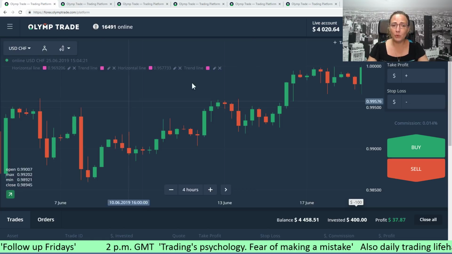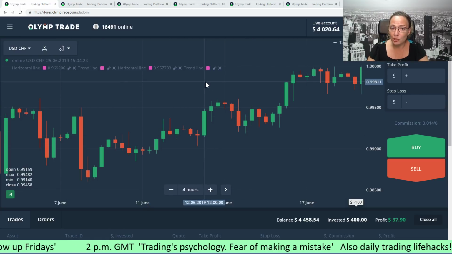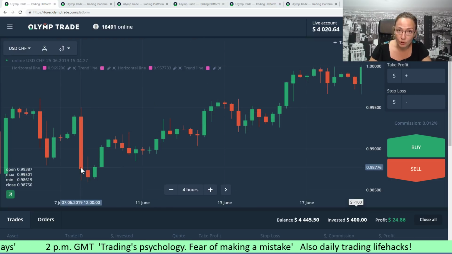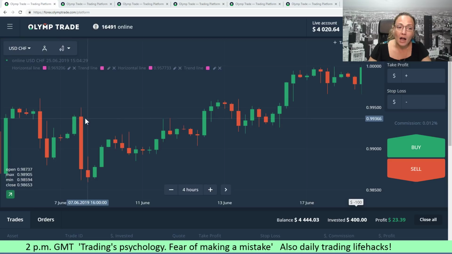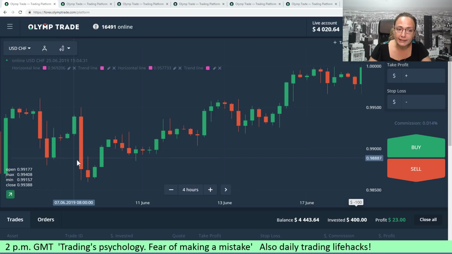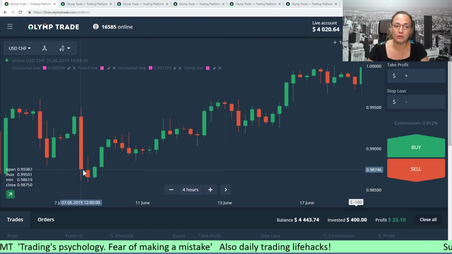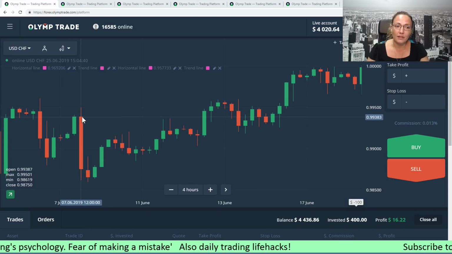So basically, we can take a peek at our open chart right here. For example, here we have a bullish Japanese candlestick. This long rectangle, the solid red part, is the body. The body means that the opening price is right here.